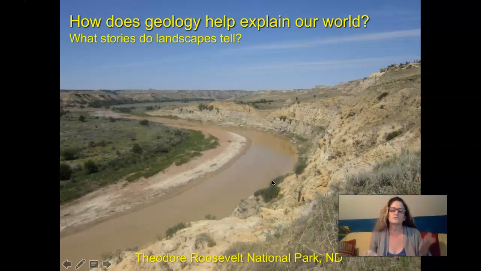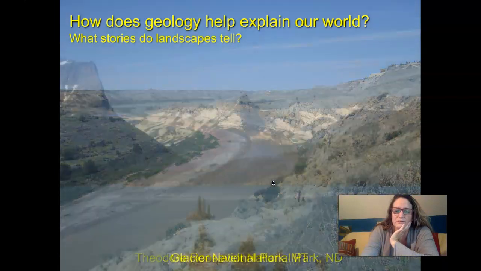So there's kind of two different pulses of geologic history here. The formation of the sand deposit that became those cliffs over time, and then the recent geology that is that river cutting through the landscape and depositing that point bar. Okay, so that's how we're going to look at landscapes. What's the geologic history? What can the landscape tell us?